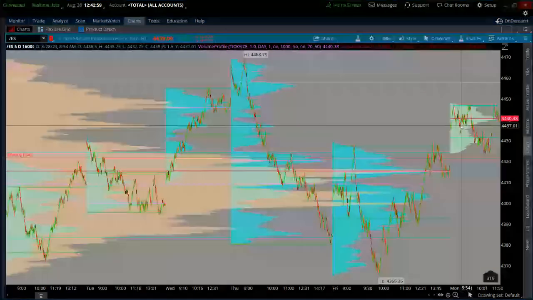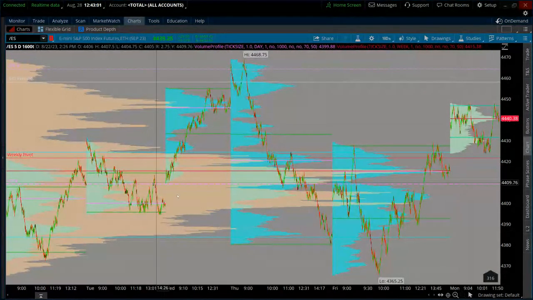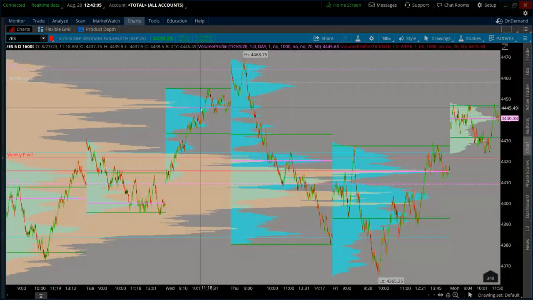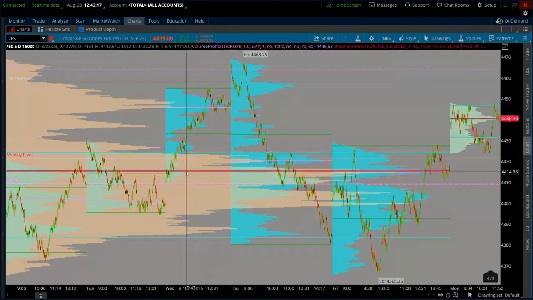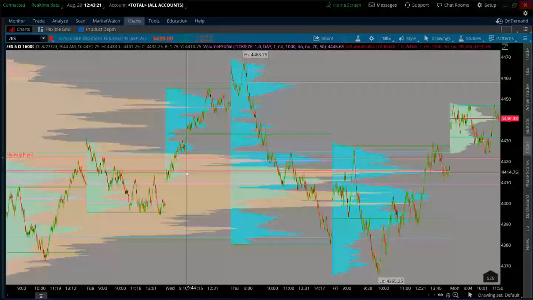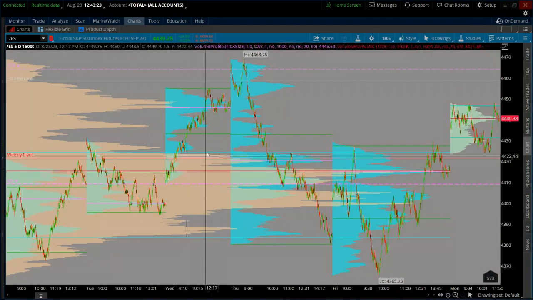So each individual day gets its own point of control, you see by the magenta, and its own value area high and low in green. Simultaneously, you're also building a point of control for the week in brick red, that dark brick red, with a value area high and low in this baby blue, cyan blue.